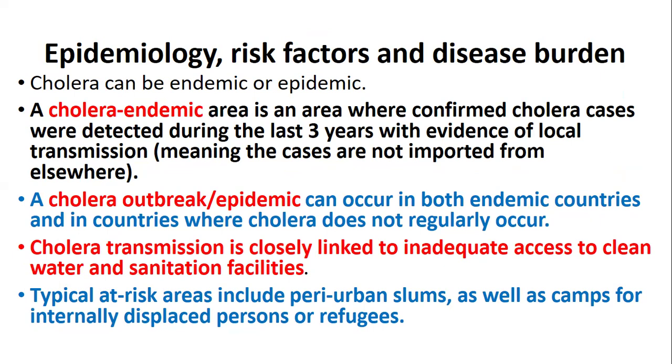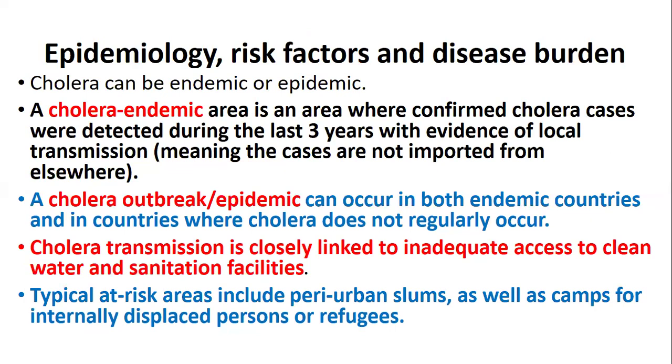Epidemiology: cholera can be endemic or epidemic. Endemic areas are those where confirmed cases of cholera were detected during the last 3 years with evidence of local transmission, meaning the cases are not imported from elsewhere.